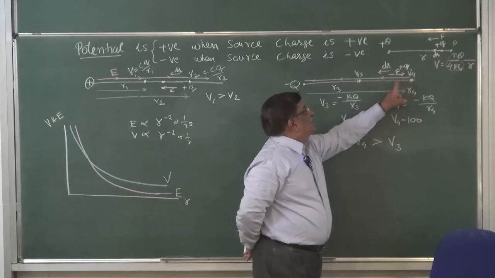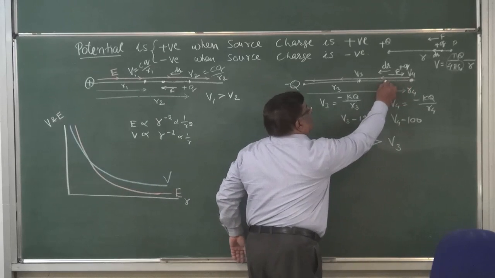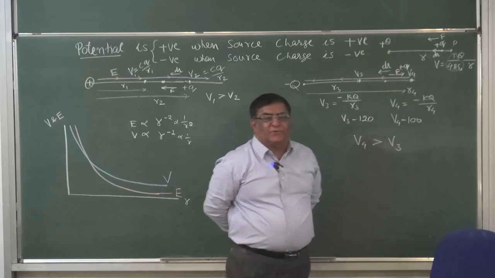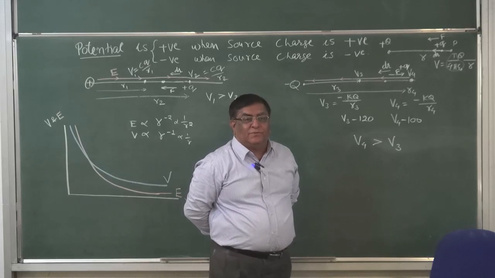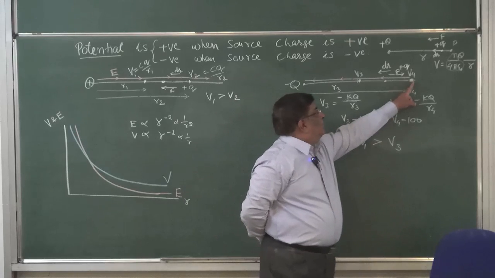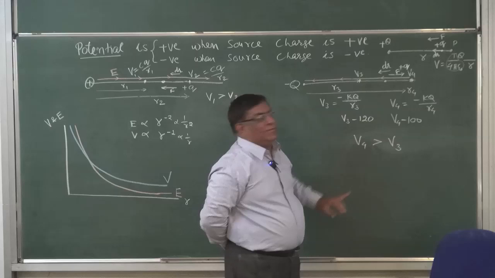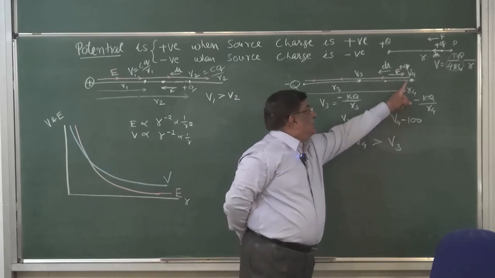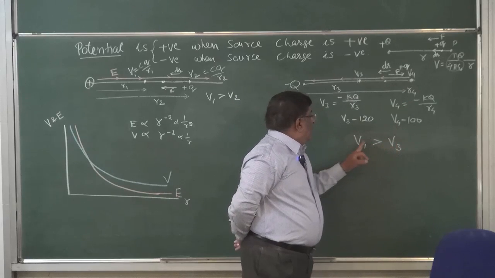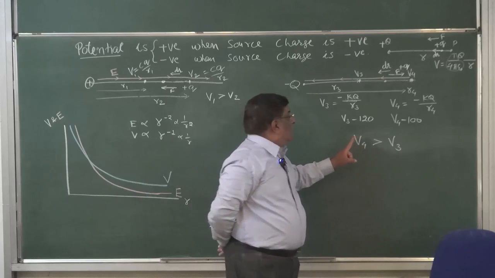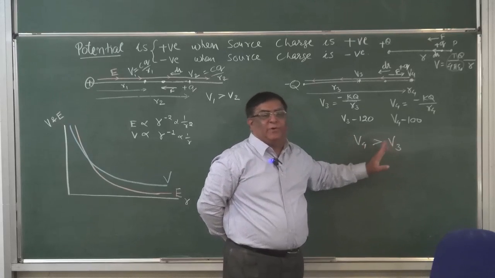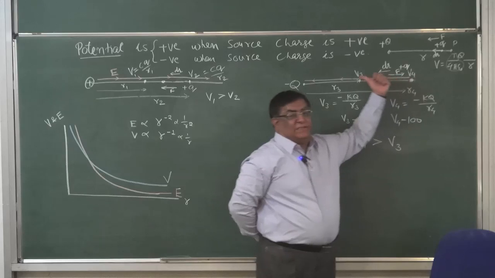If I leave the charge here, anywhere, what is the direction of force? Attraction or repulsion? Attraction. Where will it move? From V4 to V3. This will move like this. And what is V4? Higher or lower? Higher. So the charge moves from higher potential to lower potential, even if it is moving this way.